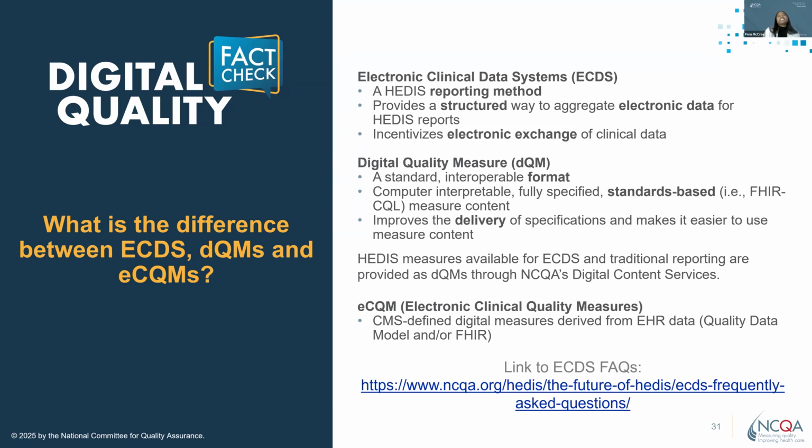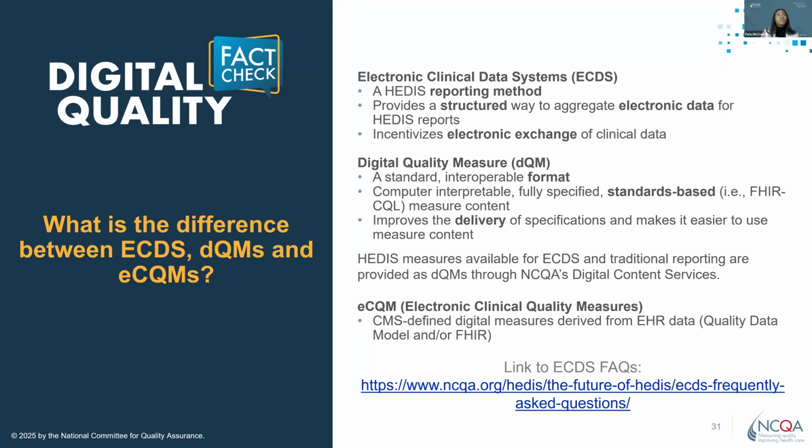Yes, this is also a common question we receive. So as I did say earlier in the beginning, the ECDS method is really referring to a HEDIS reporting guideline. We did spend a lot of time talking about what that is, what those differences are, but really it's intended to support the exchange of that information for HEDIS reporting, as well as quality improvement. And then digital measures really is referring to that interoperable format, those specifications based upon the FHIR CQL standard.